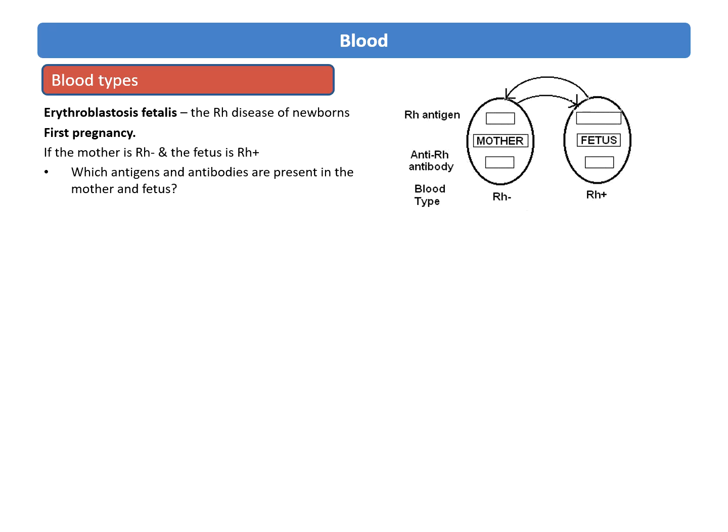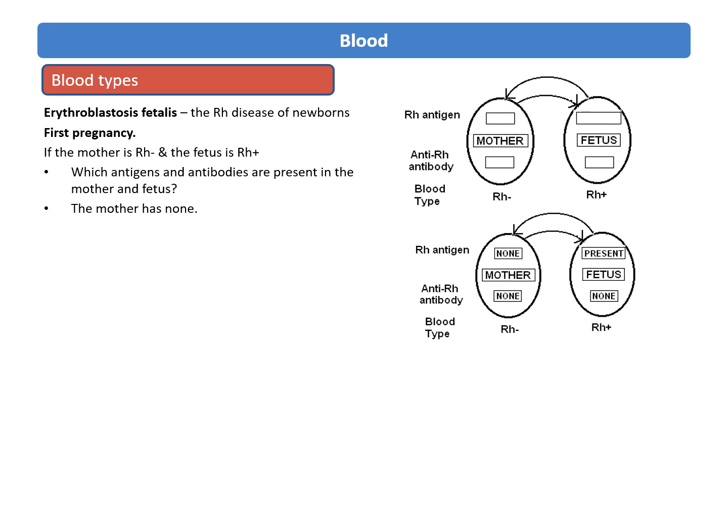If she has never had a transfusion or been exposed to positive blood, she would also lack the anti-Rh antibody. The fetus, being Rh positive, would have the Rh antigens, but would also lack the anti-Rh antibodies. So the mother has none of each. The fetus has antigens, but no antibodies.